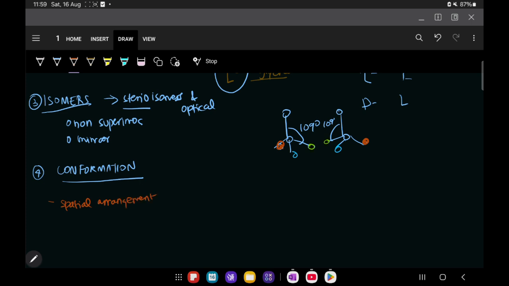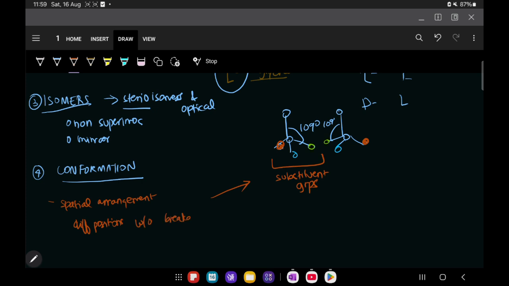When we're talking about a compound, it has its substituent groups. So the spatial arrangement of these groups, and these can assume different positions without breaking.